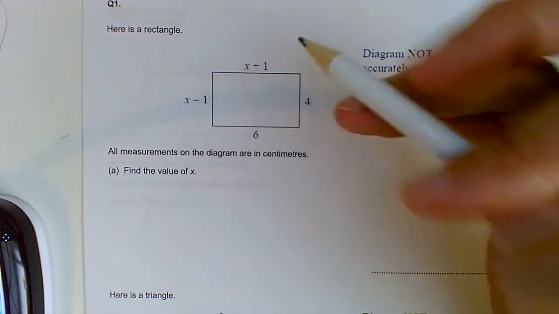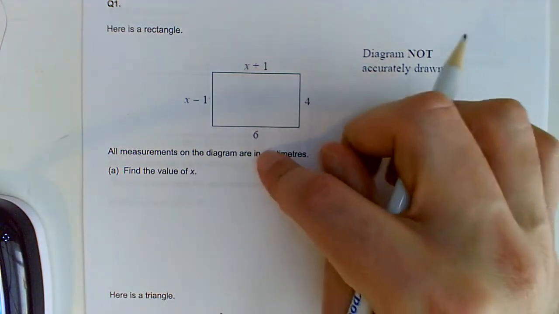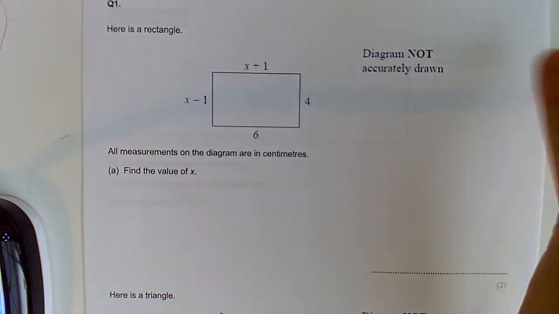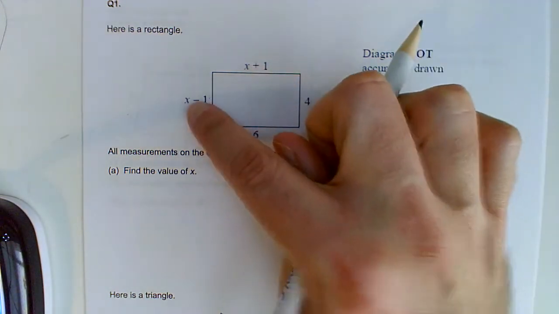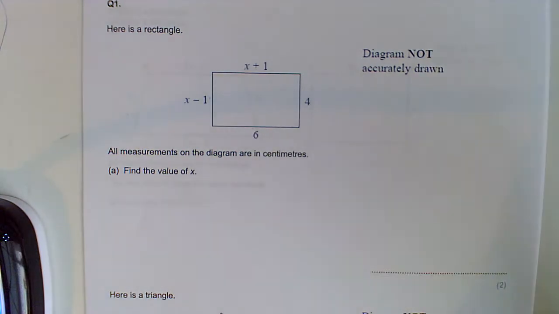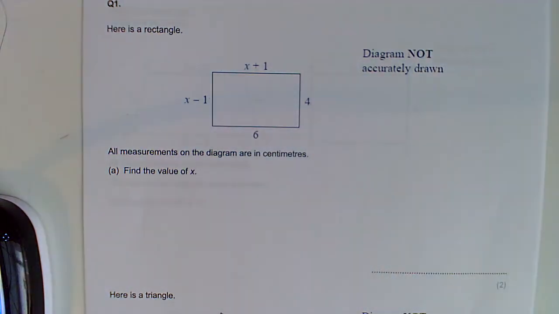Okay, so you can probably just spot what x is going to be for this, but there are 2 equations that you could set up. It's up to you. You can either put that thing equal to that thing or that thing equal to that thing and then solve those equations to get your value of x. Okay, so that's what you need to do for that one.